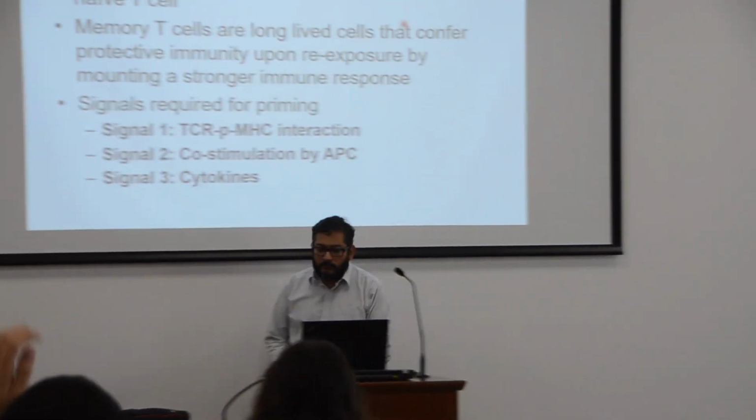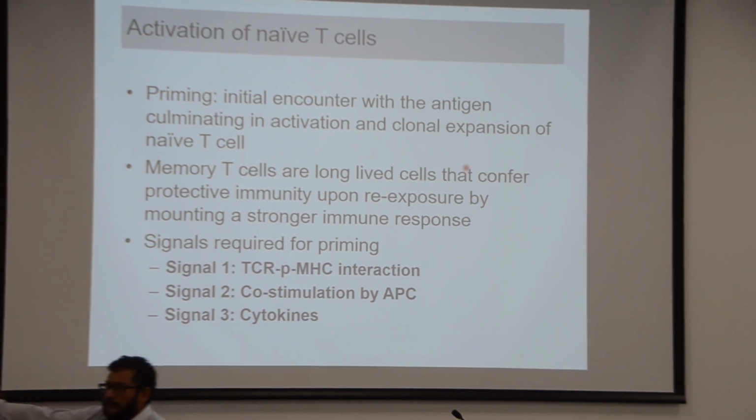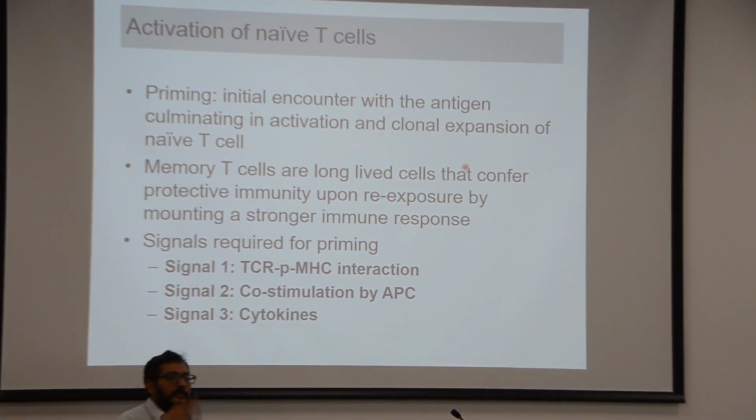While they go into the lymph node, that's where you have your T cells. And T cells require 3 signals to get activated. The first one is the T cell receptor of the T cell. It needs to engage the peptide that is bound to the MHC that the antigen presenting cell is now bringing. The second signal is the co-stimulatory signal that I was talking about.